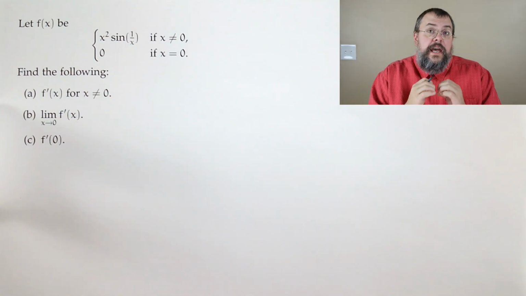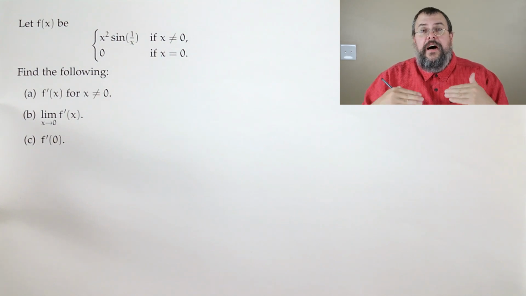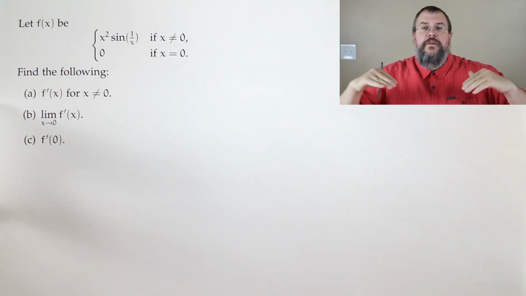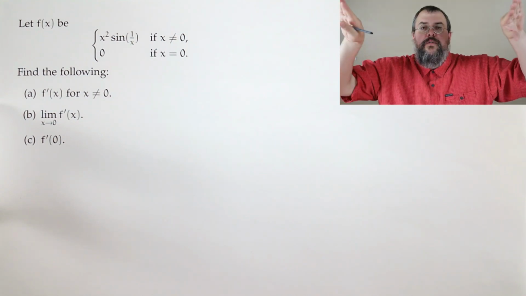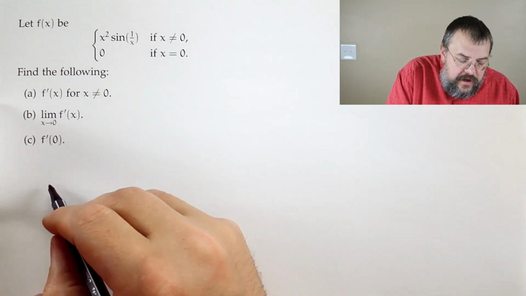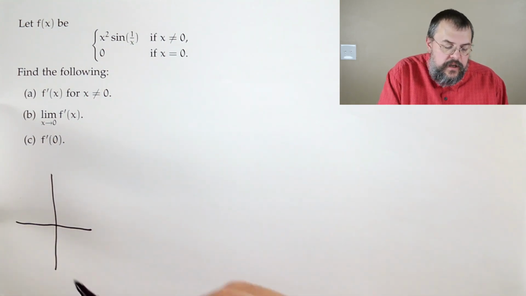Now, when you scale it by x squared, what happens is instead of oscillating between plus 1 and minus 1, so instead of going up and down, it'll oscillate between x squared and minus x squared. So our curve would have something like the following.